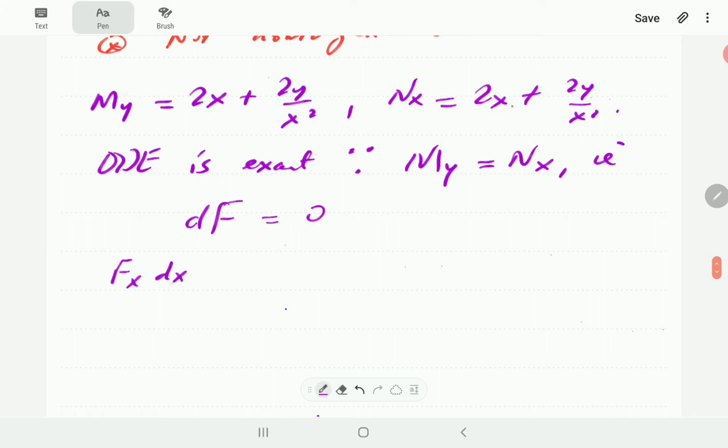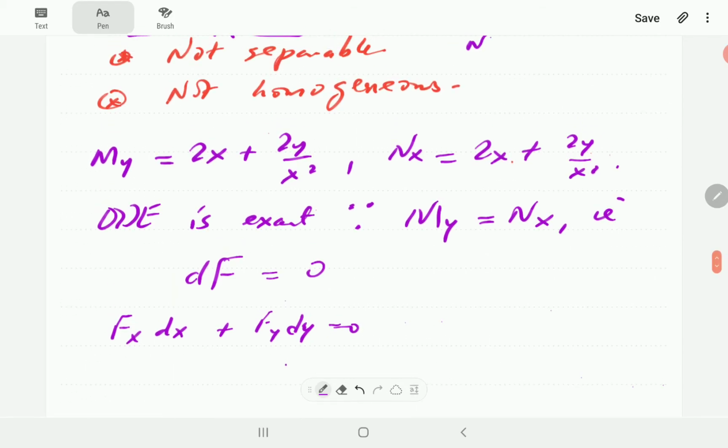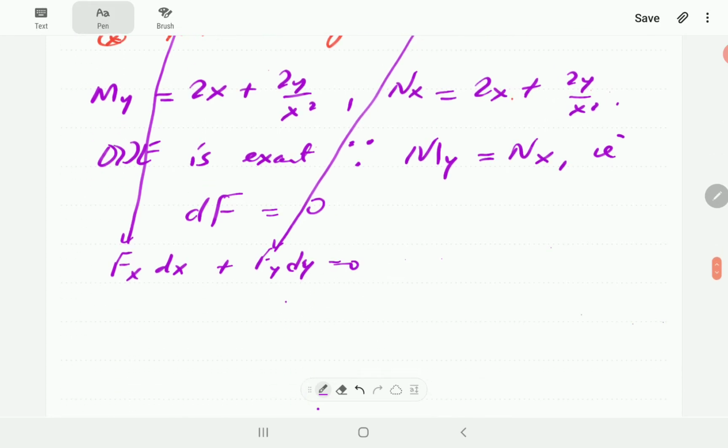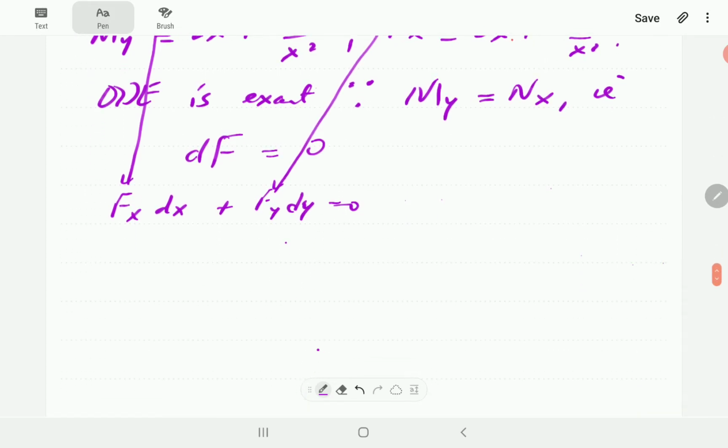So it means we have got fx dx plus fy dy equal to 0. So that means this coefficient here is equal to fx, and that coefficient there is equal to fy.